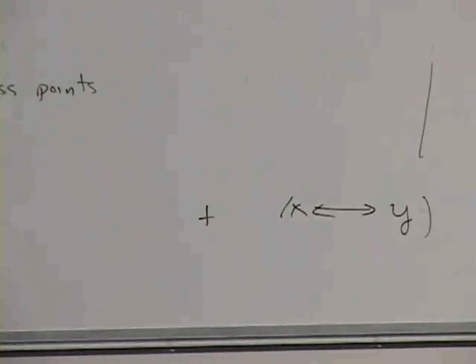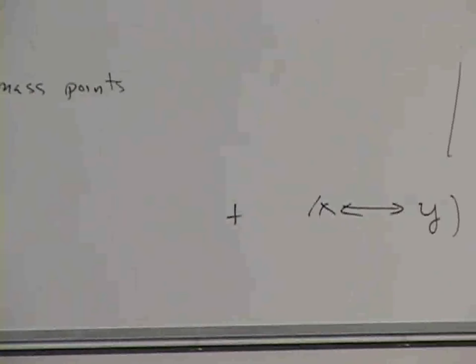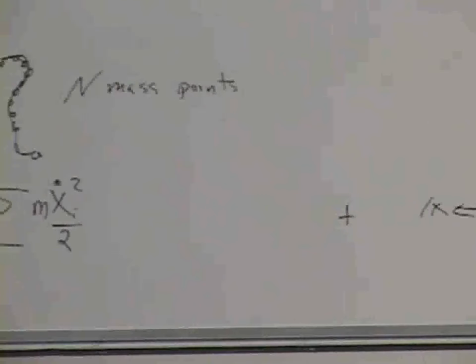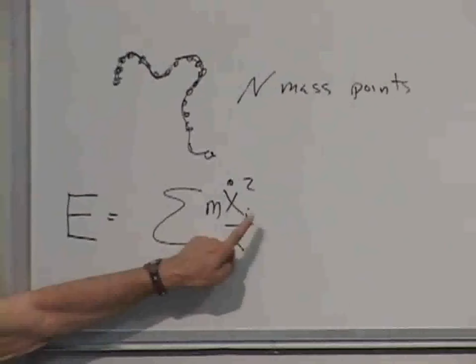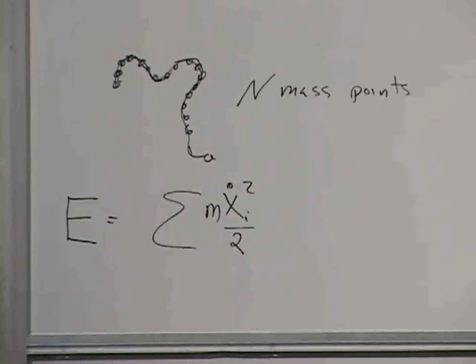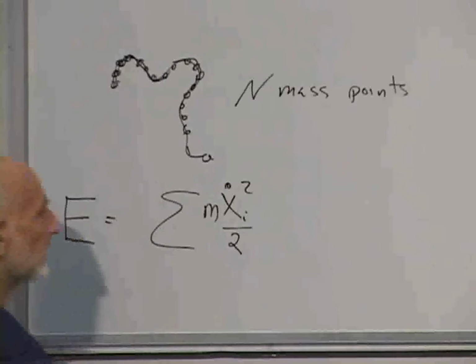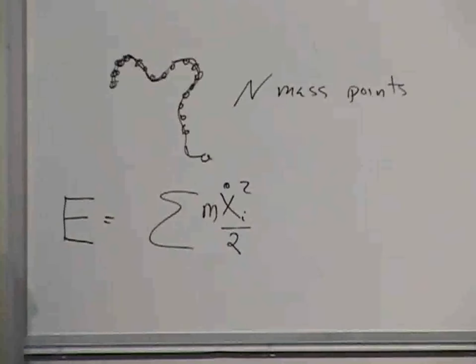There are 2 directions that everything can move in, and I'll call them x and y. The i here does not stand for x and y. It stands for which particle along here we're talking about. Same thing, plus m y dot squared over 2. That's the kinetic energy. And what about the potential energy?